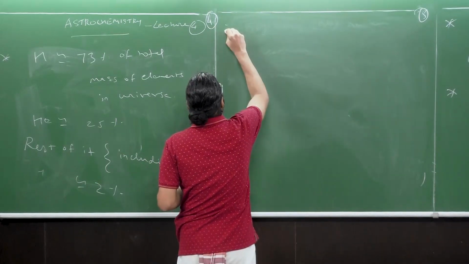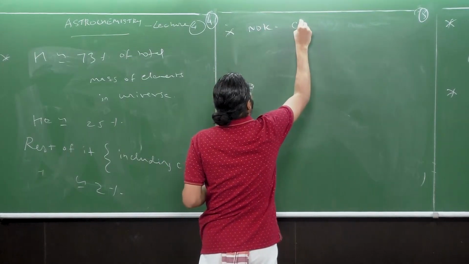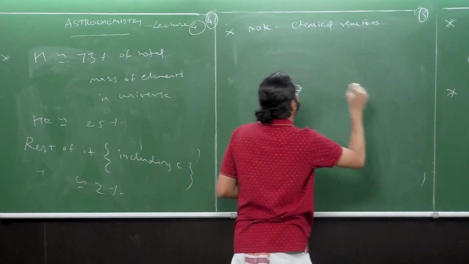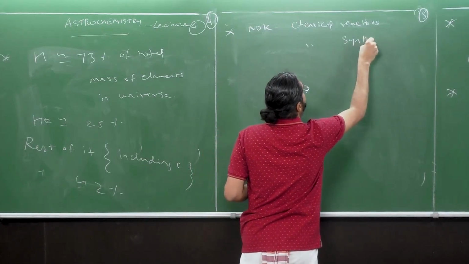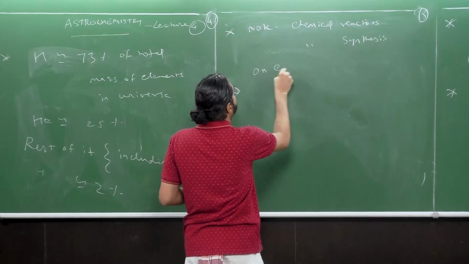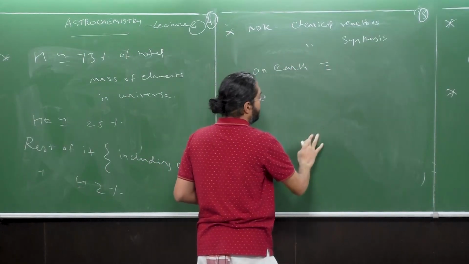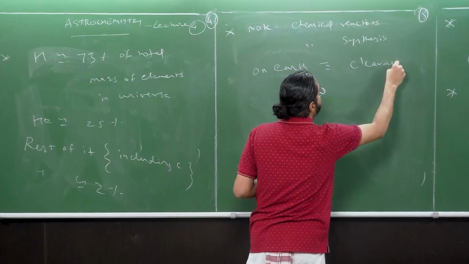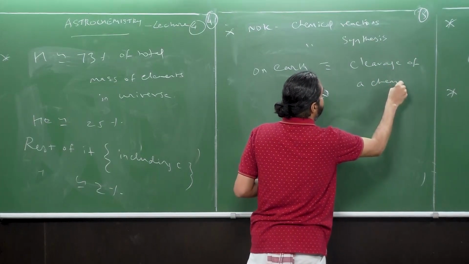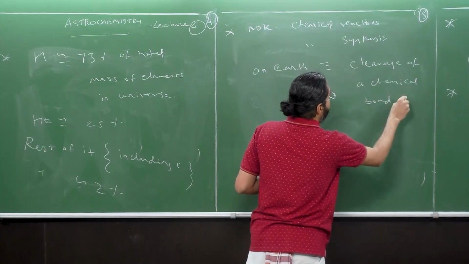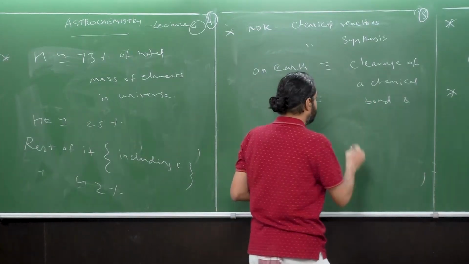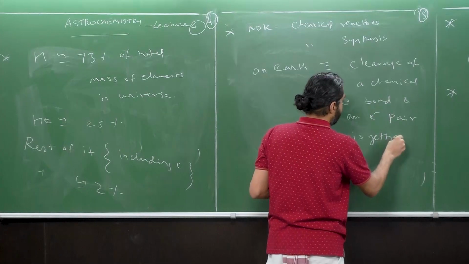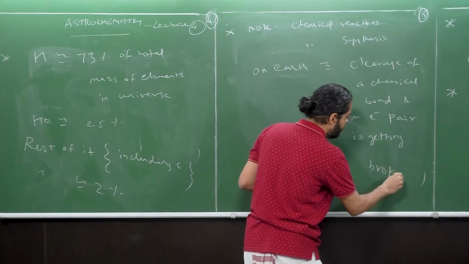Chemical reactions on Earth, note, and in particular chemical synthesis, on Earth happens through the cleavage of a chemical bond, and it's only an electron pair that gets broken. I use the word broken very colloquially.